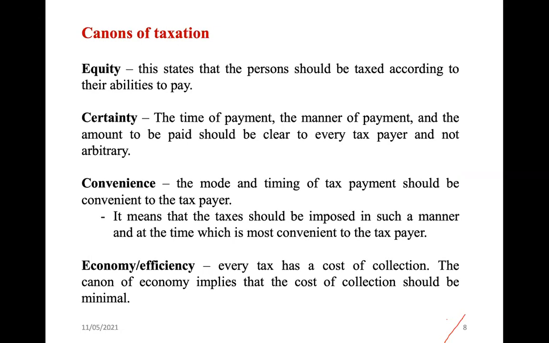And the principle of economy and efficiency implies that the cost of collecting the taxes should be minimal. In other words, if the cost of collecting the taxes is higher than the amount of taxes the government is going to collect, then it doesn't make sense. For example, if it will cost the government 10,000 to collect 5,000 Ghana cedis, then it doesn't make sense because the government is incurring a loss in collecting those taxes.